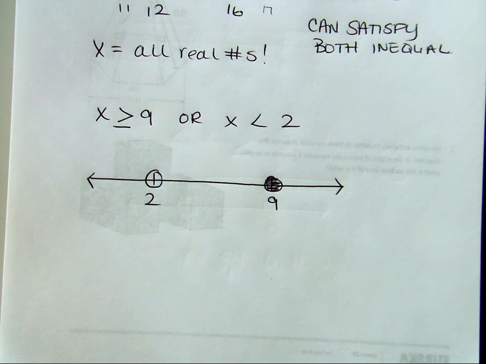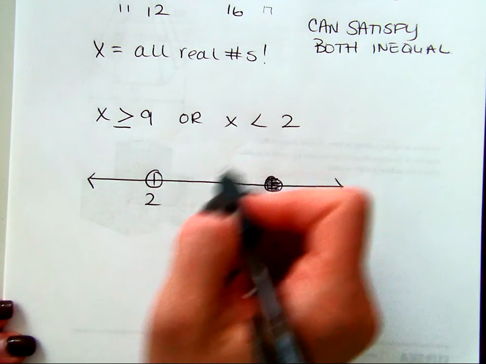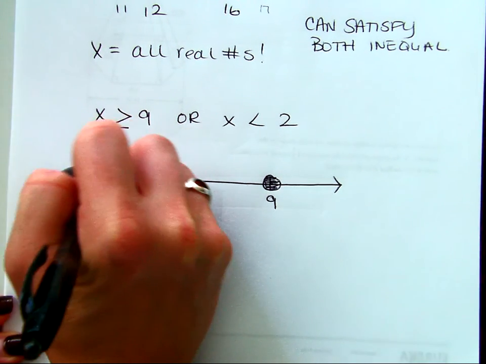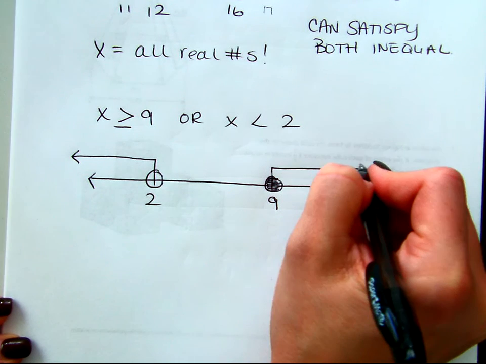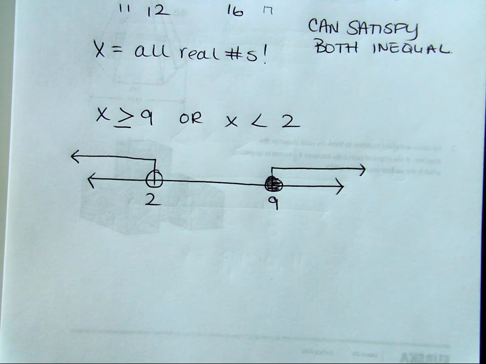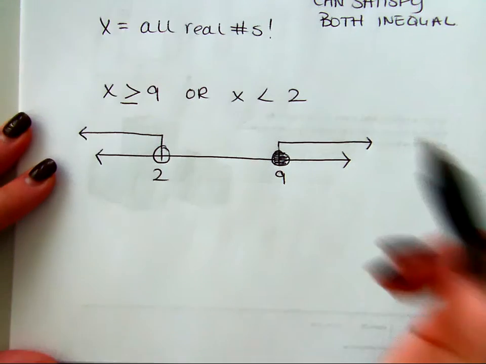So let's graph x is less than 2. All numbers this way. Let's graph x is greater than or equal to 9. Now, if I were to ask you to list all the numbers, there's a whole lot to list, right? And that sounds kind of silly because wouldn't this just be your answer?